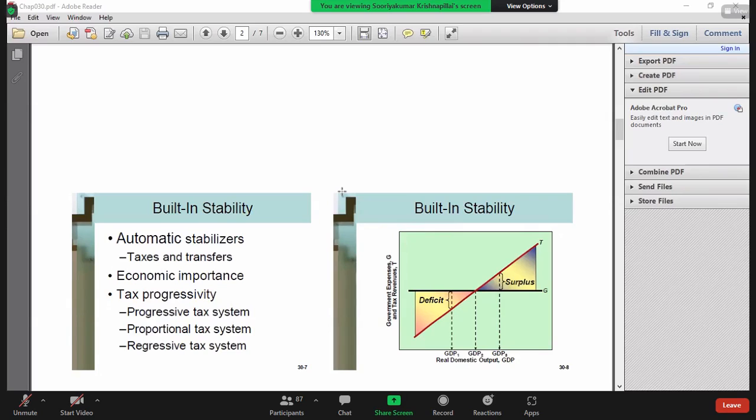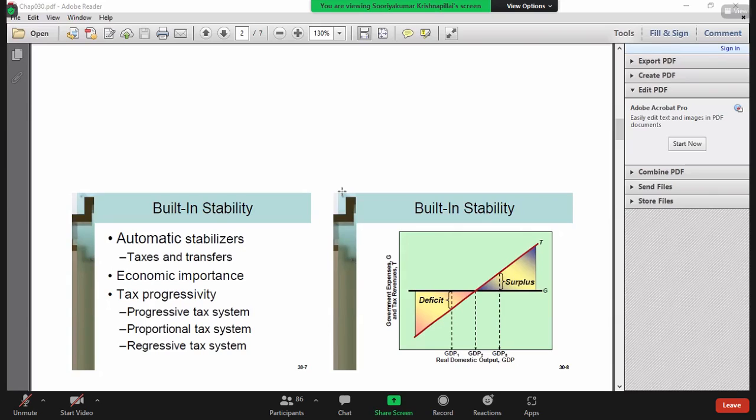So the non-discretionary fiscal policy will not be enough to recover from the recession. Part of the recession can be reduced by this non-discretionary fiscal policy or the tax system, but not totally.